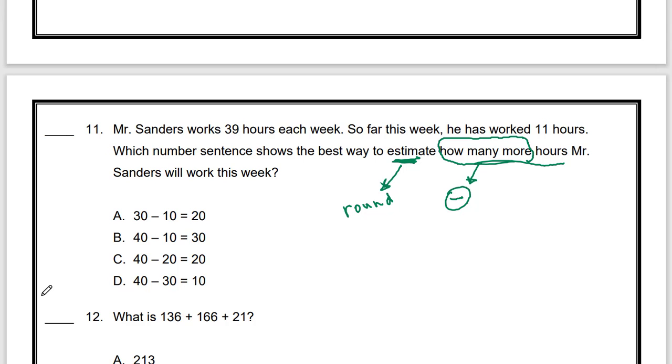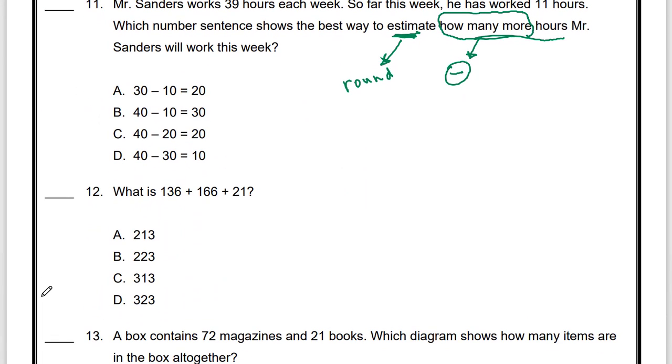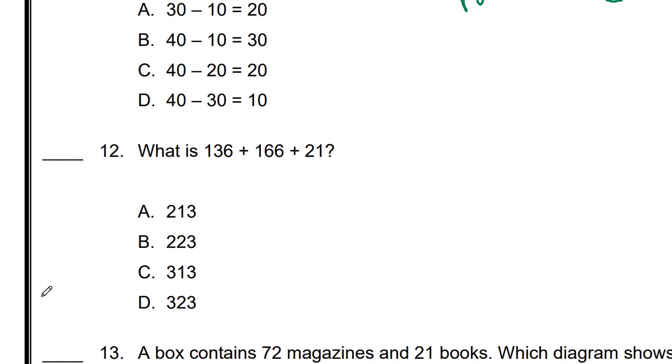The next thing is adding 3 digits and subtracting 3 digits, and adding 3 numbers with 3 digits. In question number 12, the best way to do it is to write them under each other.